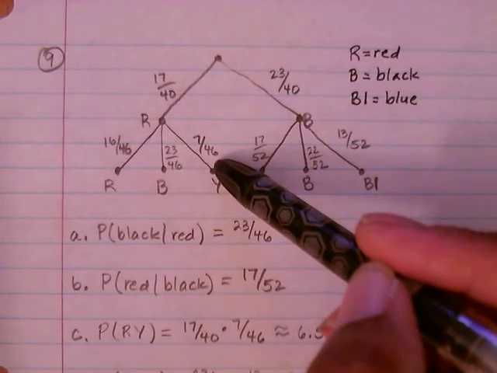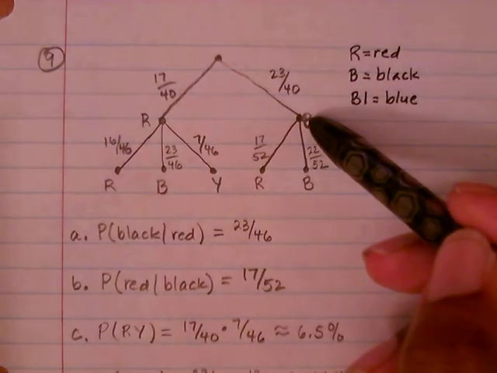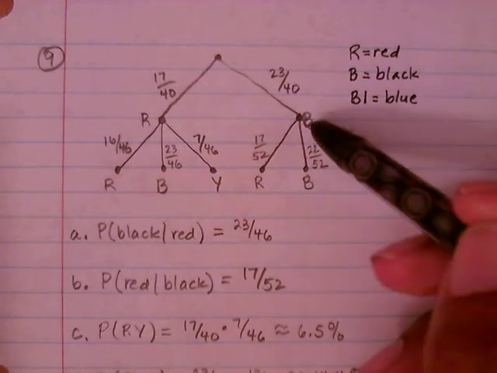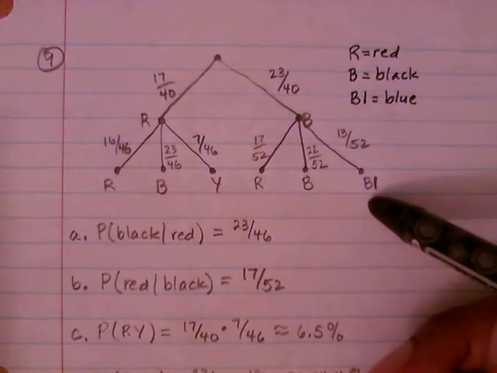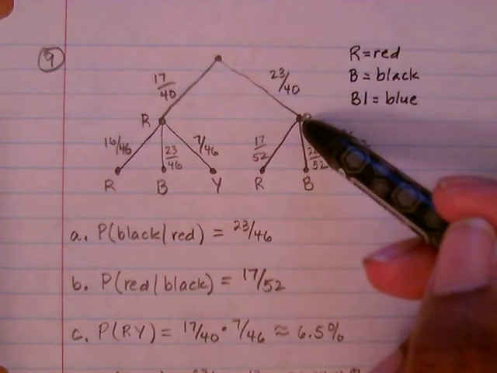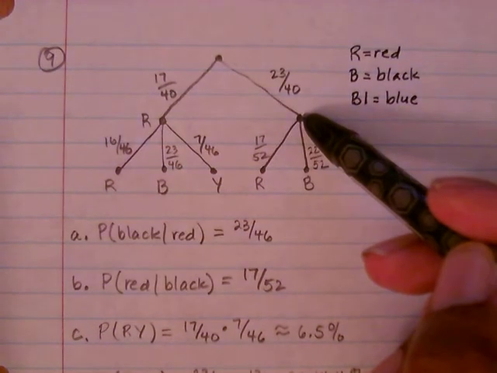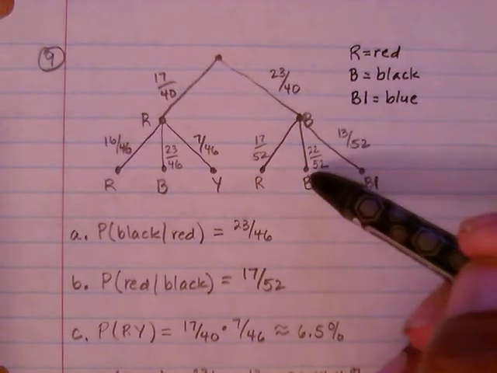Now for the black marble, there's a condition saying that if the first marble is black, you will add 13 blue marbles here. So that's why you see the BL there. So there are going to be 13 blue marbles in that jar. That means you'll be down to 39 altogether, but you're going to add 13 blue marbles for a total of 52 marbles here. That's why you see 52 in the denominator.